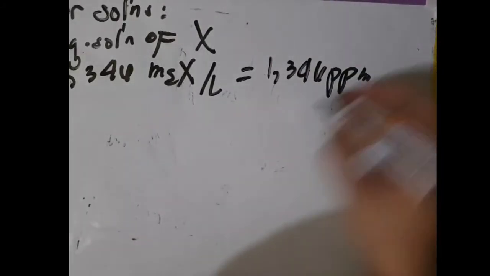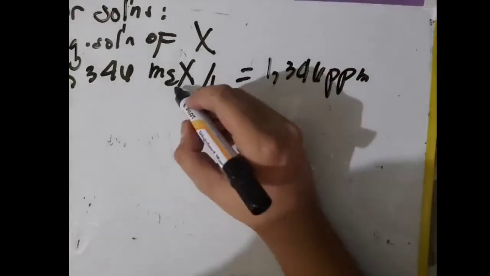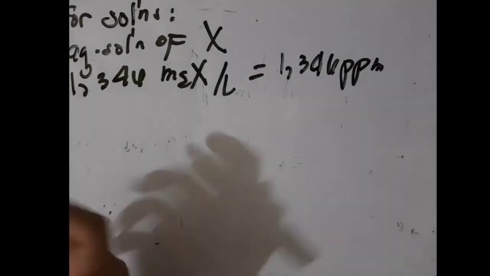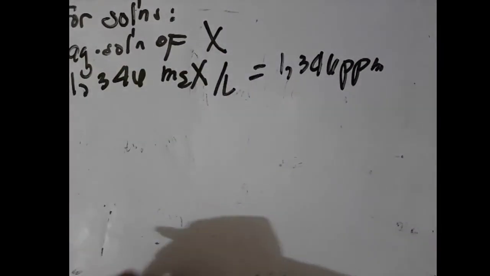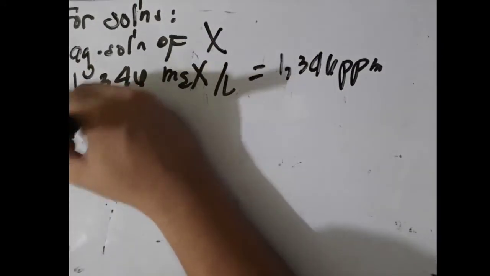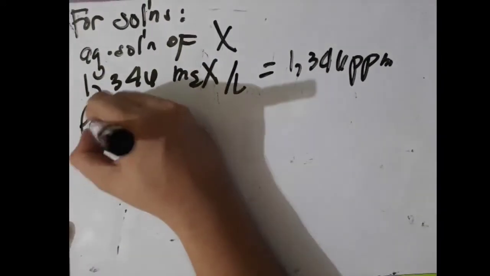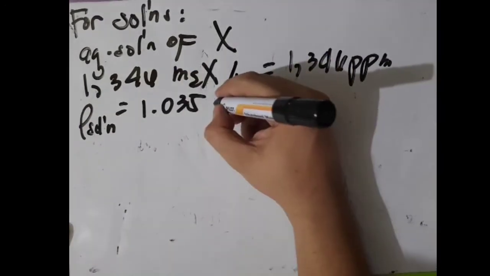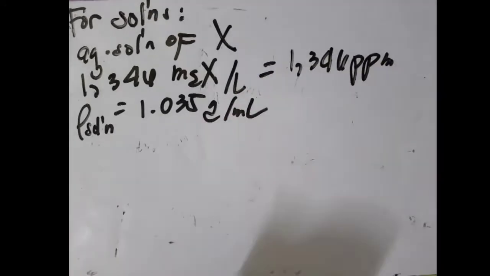In this case, we cannot say that this 1,346 ppm is milligrams of X per kilogram of the solution, since the expression for the solution in our ppm is in volume. In order to convert it to percent mass, we need to know the density of the solution. Let's say the density of the solution here is 1.035 grams per mL of solution.